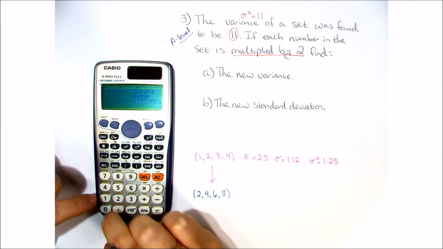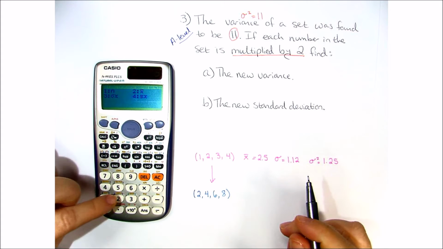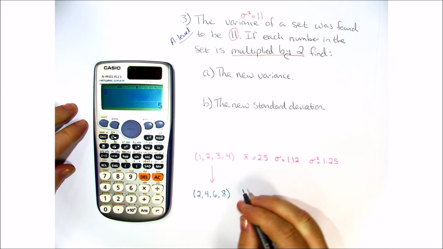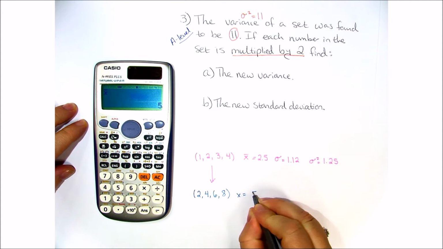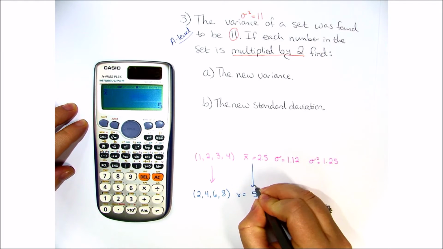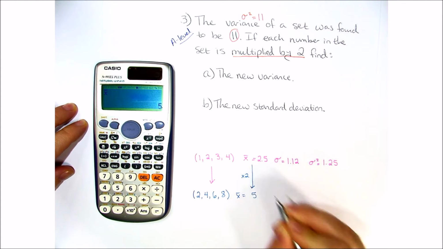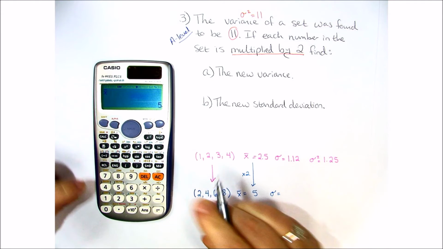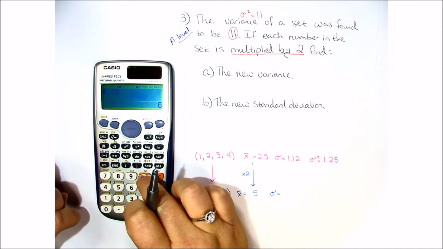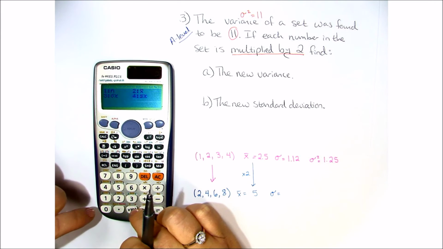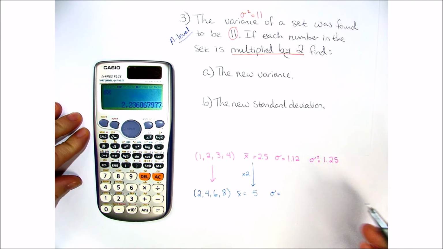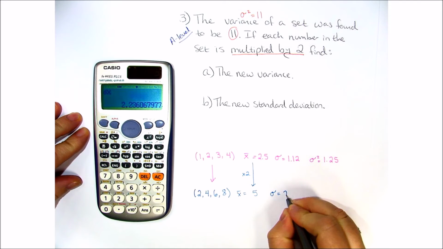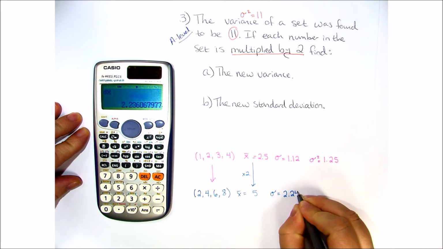Go back to our main screen and we will start by finding the mean. Now the mean in this case also multiplied by 2. Okay, well that worked out well. Let's check out the standard deviation. 1.12, Shift 1, 4, go into standard deviation, and that went to 2.24.